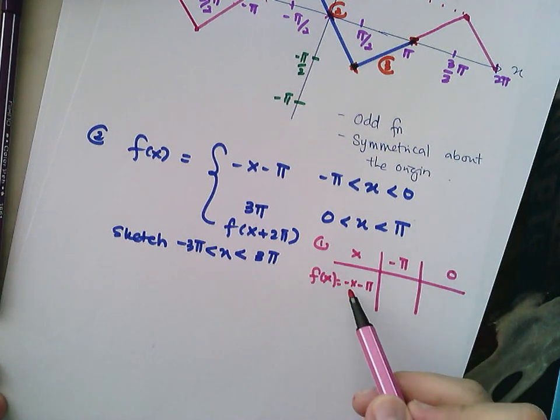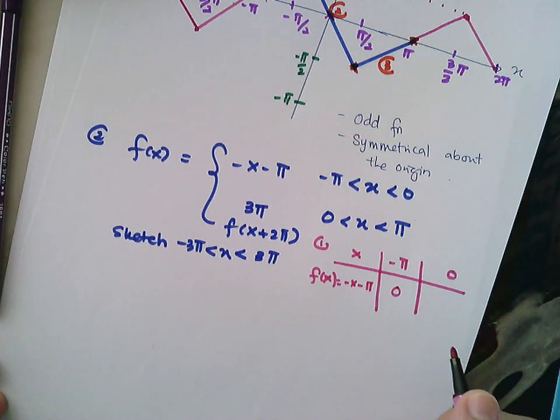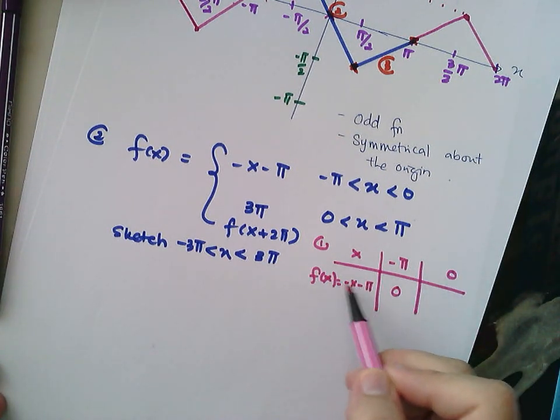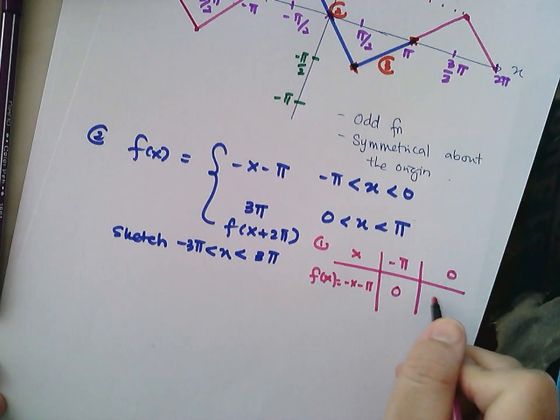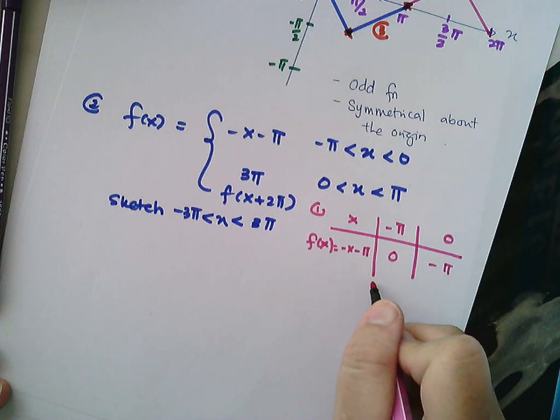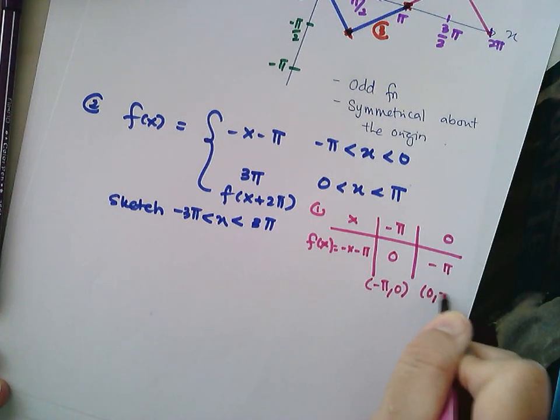So negative, negative, positive. So pi minus pi is equal to 0. Okay, substitute x equals 0 here. Then you will be left with negative pi. So therefore, your points are (negative pi, 0) and (0, negative pi).